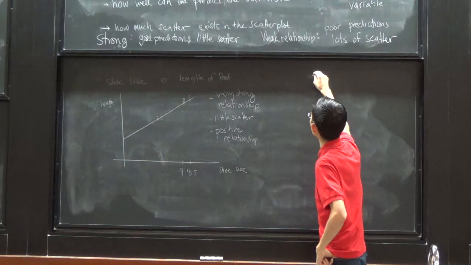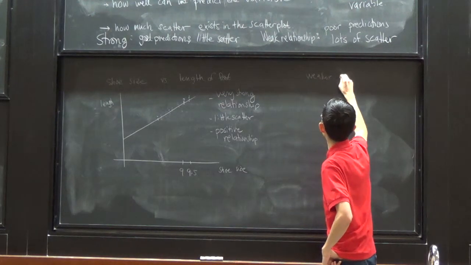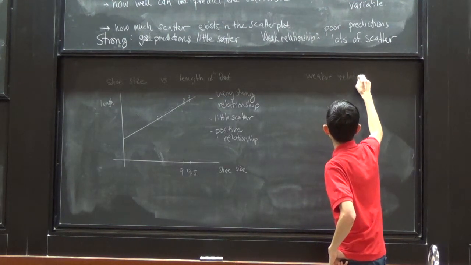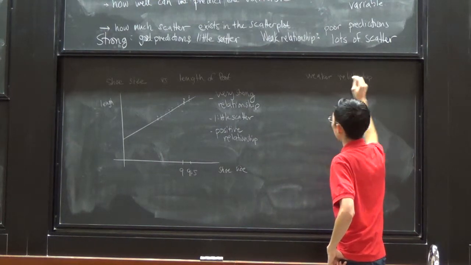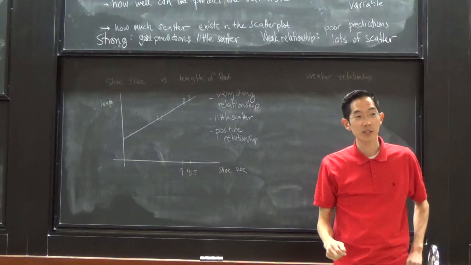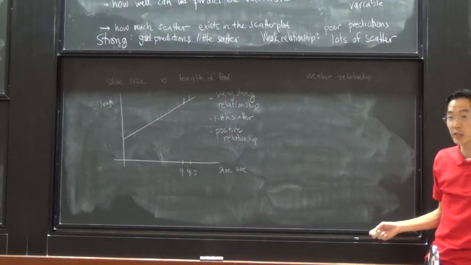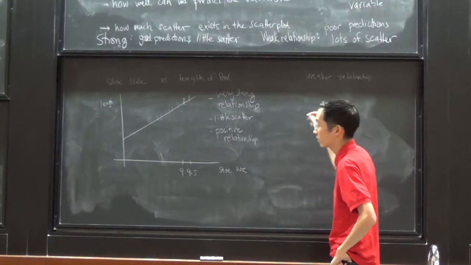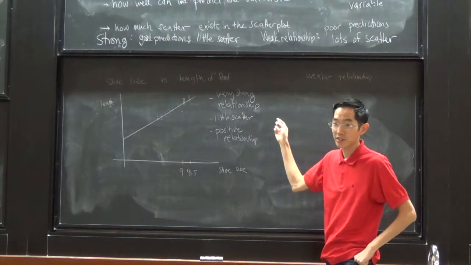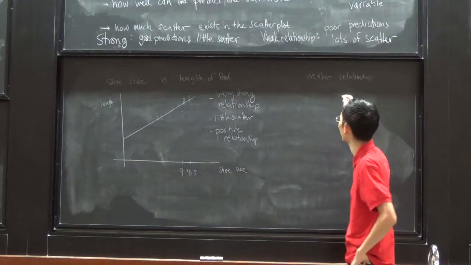A weaker relationship would be something like height, someone's height, and their length of foot, okay?